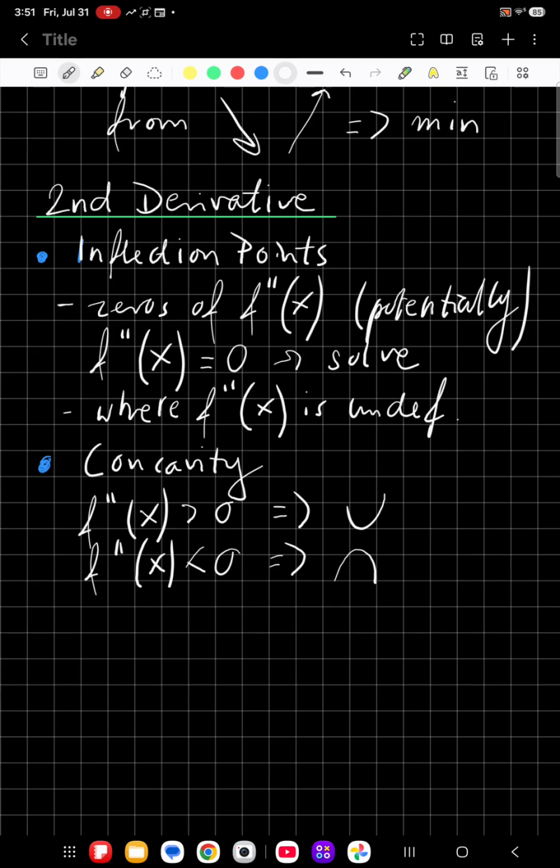Okay, so then similarly to that first derivative, we have the second derivative test. I think let's just make it regular white. So, second derivative test.